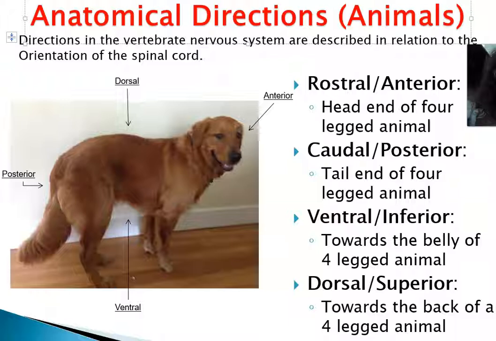So I'm giving you both of them, not to confuse you, but just to make sure that when you do your further research you don't say, wait a minute, she didn't tell us that that's also called caudal or whatever.